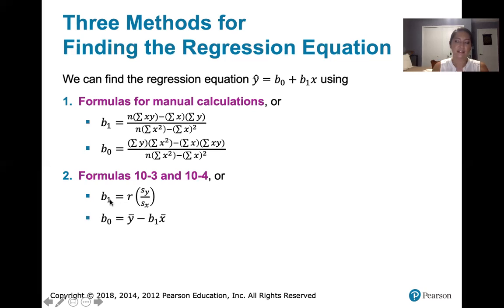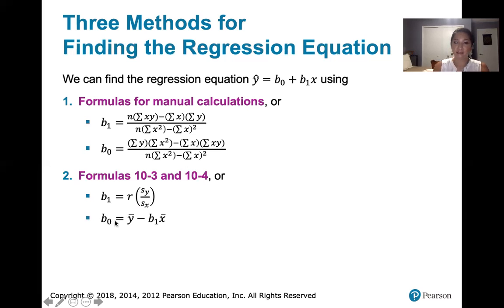So this says that b sub 1, that's our slope, is equal to the linear correlation coefficient r times this ratio of the sample standard deviations. S sub y is the sample standard deviation for the y values, and S sub x is the sample standard deviation for the x values. This says take the ratio of those 2 sample standard deviations, multiply by the linear correlation coefficient. That's going to be the slope of your regression line.